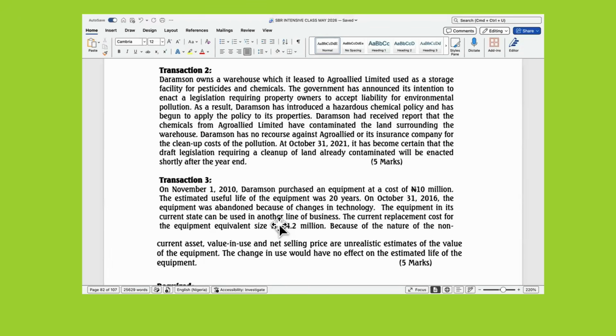You can then compare that with this replacement cost and see whether it's higher or lower. If it is lower, that means the asset is not impaired. So in that case, you would recommend and tell them that this asset is not impaired. And that's really more of what we want to do here.